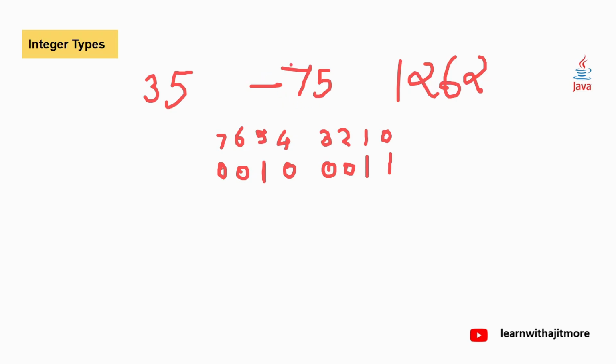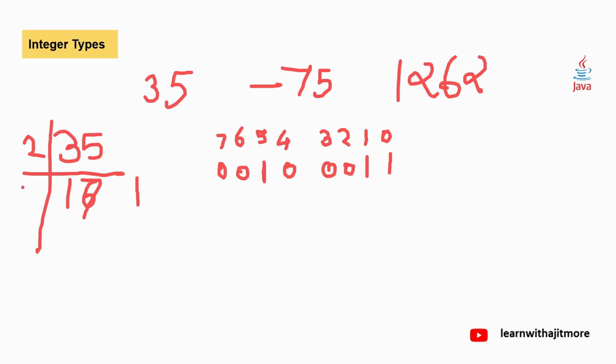But now the question is how this negative is stored. Positive I understood, right or no? 32, I've converted it into binary. You can convert in this way also, though it is a very lengthy process. Divide by 2. 16 2s are 32. Instead of 16, 17 I'll take. 17 2s are 34. Remainder 1. Then 2 8s are 16.